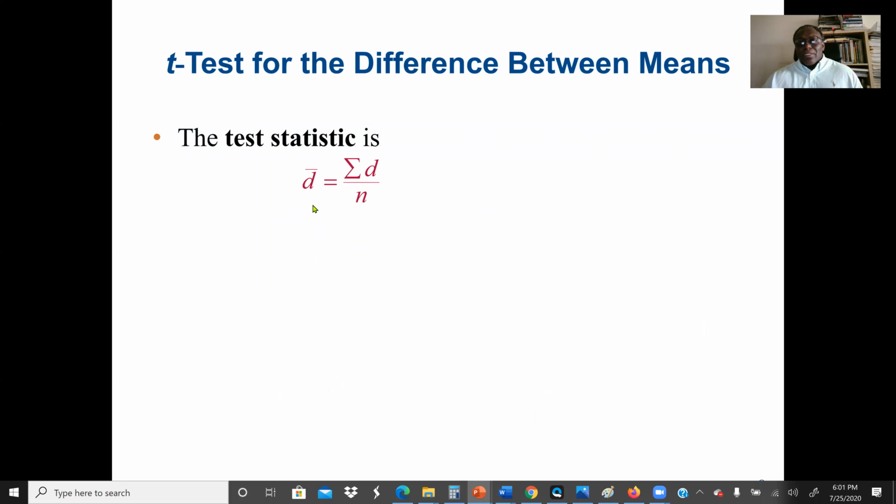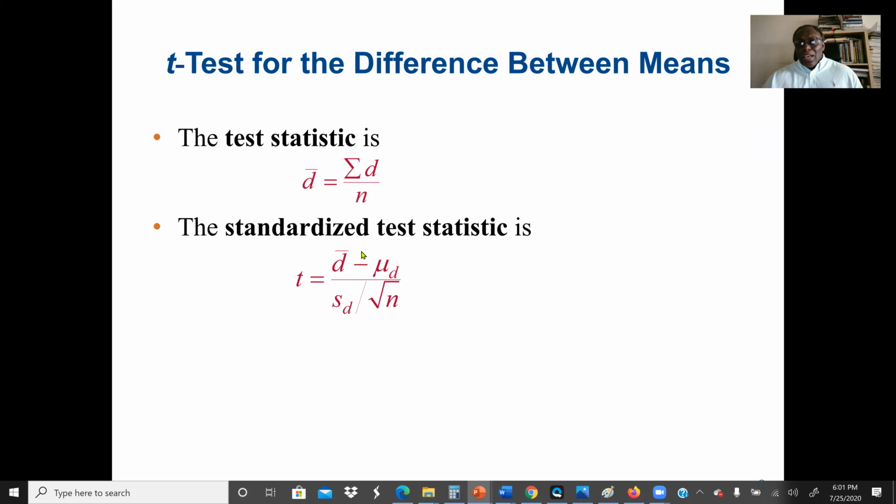So the test statistic again is d bar, or the mean d, which is equal to the sum of d over n. Then the standardized test statistic, to find the t value now, will be d bar, or the mean d, minus mu d, divided by the standard error, which is SD divided by the square root of n.